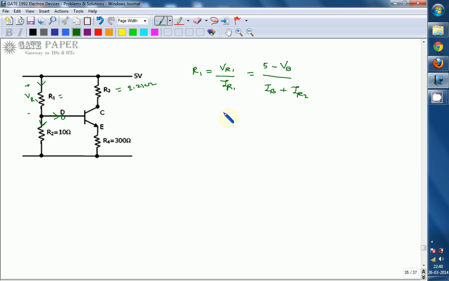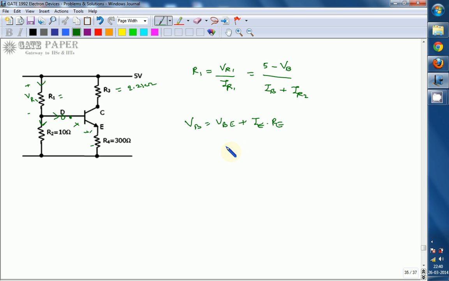VB, the base voltage, can be written as VBE plus the voltage across this 300 ohm resistor, so IE multiplied by RE.